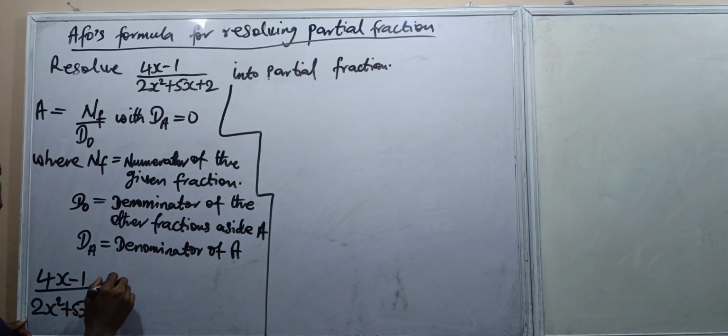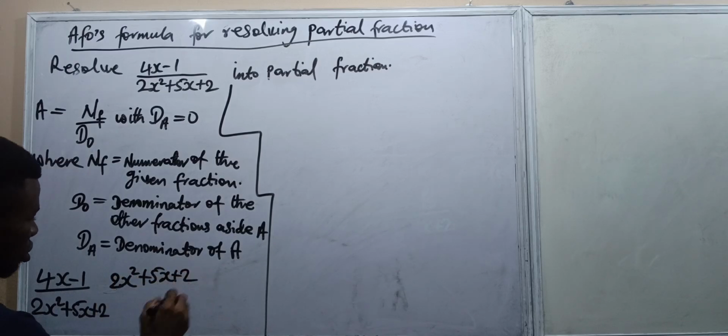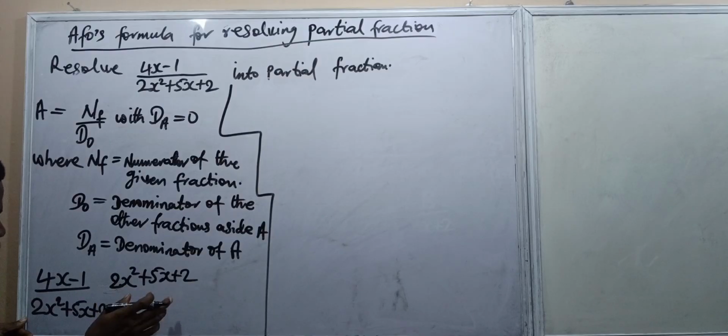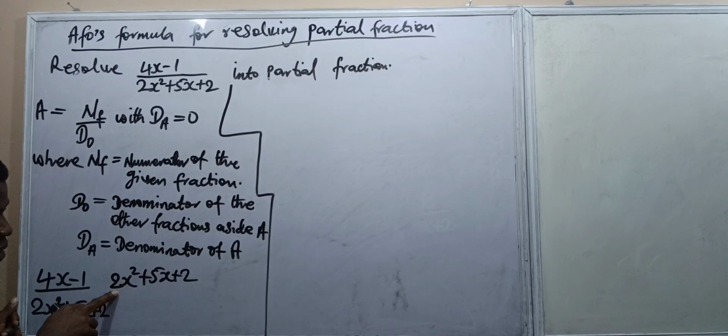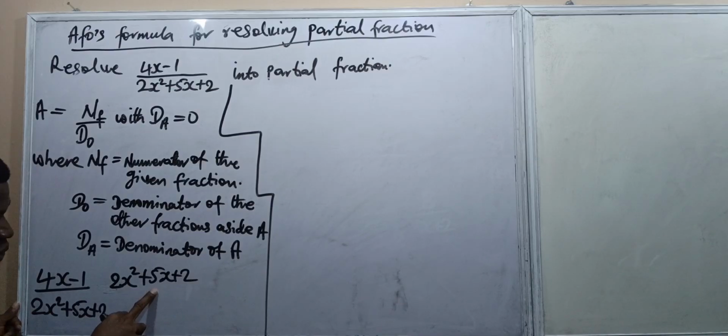From the denominator, we have 2x squared plus 5x plus 2. We look for two numbers. First, you multiply the coefficient of x squared with the last digit, and you get 4. Now we look for two numbers which when multiplied give us 4, and when added give us 5. The two numbers are 4 and 1.